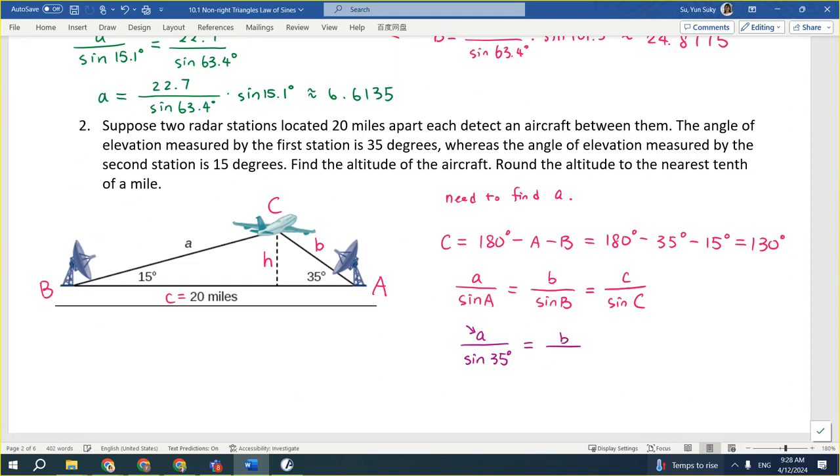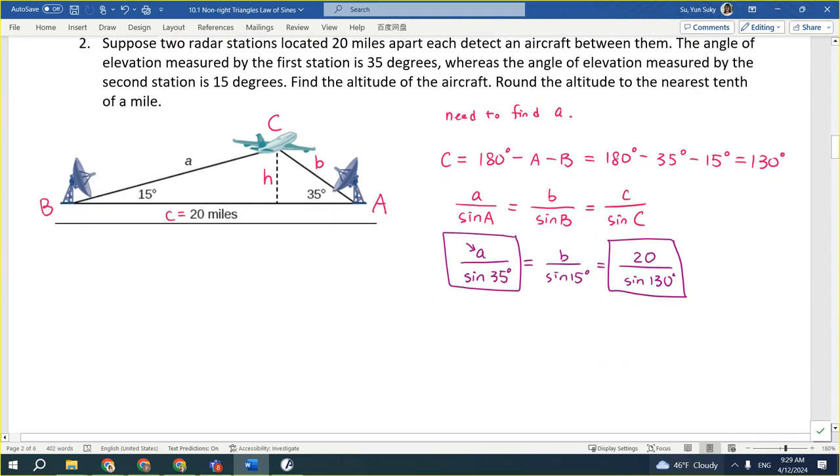No. Do we know angle B? Yes. Do we know side C? Yes, that's 20. Do we know angle C? 130 degrees. And we want to find side A.